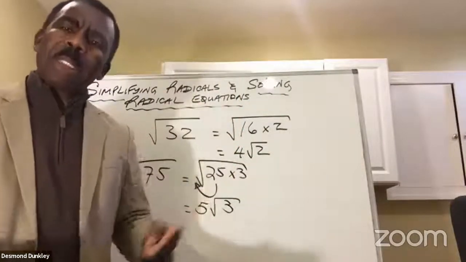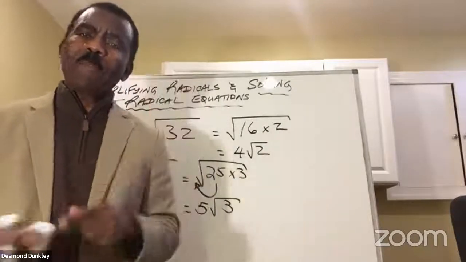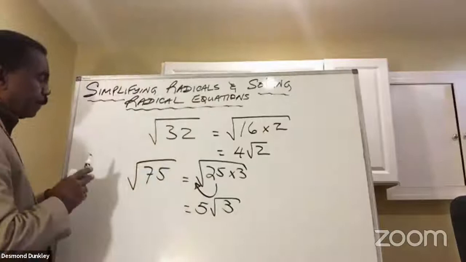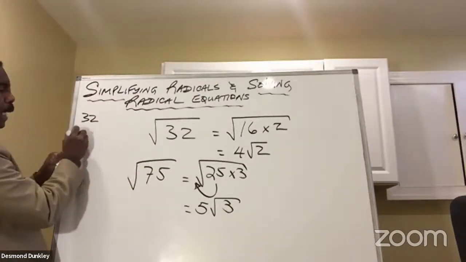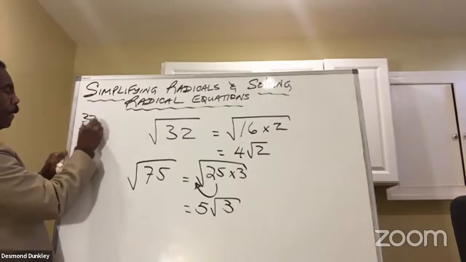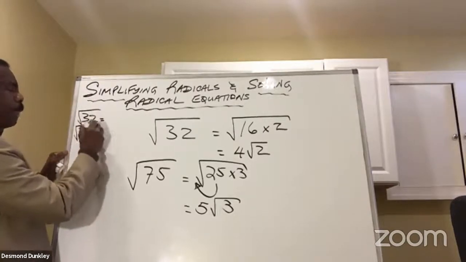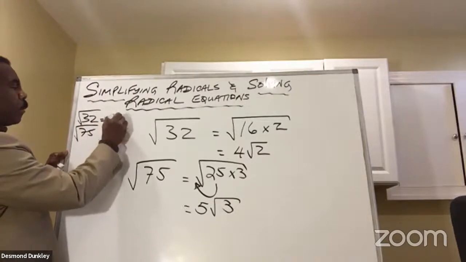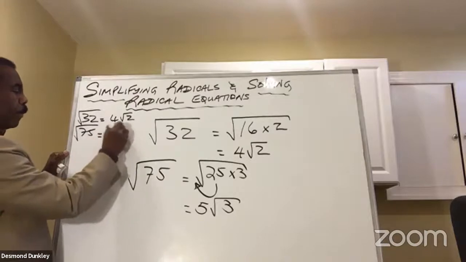Is there another method? I said before that there are 2 methods, so I'll show you the other method. So the numbers we're working with are 32 and 75. We got the square root of 32 and the square root of 75. We got 4 root 2, and we got 5 root 3.